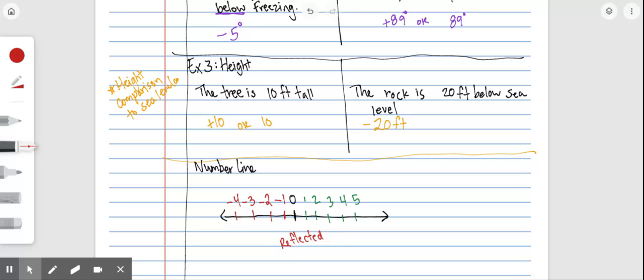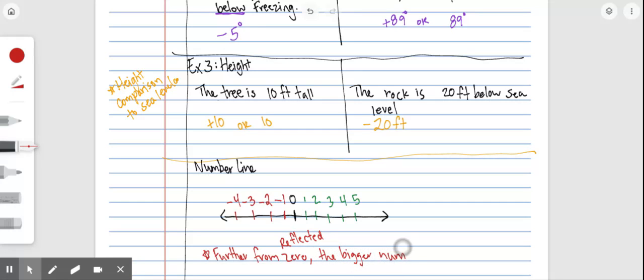You have positive numbers counting from 1 all the way up to infinity, and then you have negative numbers counting from 1 all the way up to infinity. So the further you get from 0, the bigger the number is. I'm going to make that a note. The further you are from 0, the bigger the number.